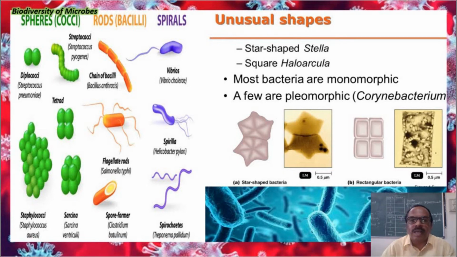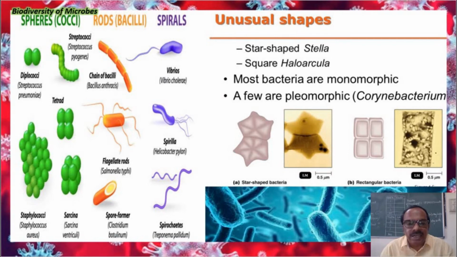The location of flagella may also be different from one organism to the other. They may form a chain, called streptococcus, or they may form groups called staphylococcus. So this is the diversity of bacteria.